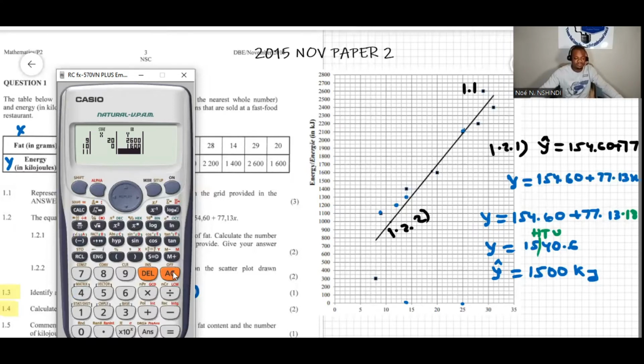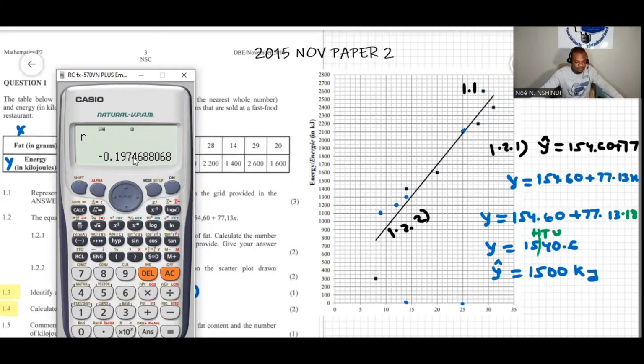Now that I've entered the values, you can press AC, then press shift and 1 for stats. We have number 5 here for the regression line, so I hit the 5 button. Now I can find the correlation coefficient r, which is number 3. If I press 3 and then equal, it gives me the coefficient.